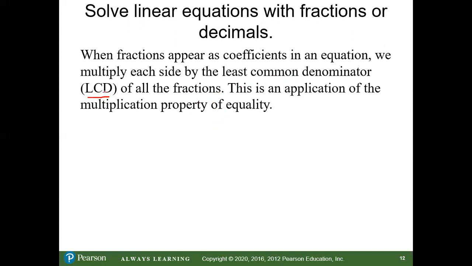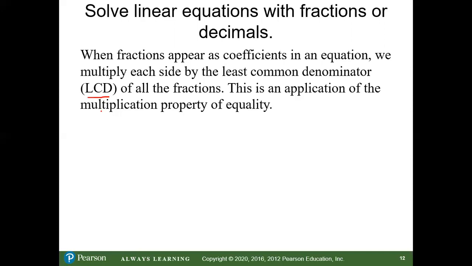This is going to be a strategy that is ultra critical later on in this course. When we start getting into chapter 6 and chapter 7, when we start solving much more complicated equations, you need to be able to figure out what the LCD is now, so that you can figure out what the LCD is later, when the denominators become a little bit more complicated. Right now, it's just going to be numerical in nature.